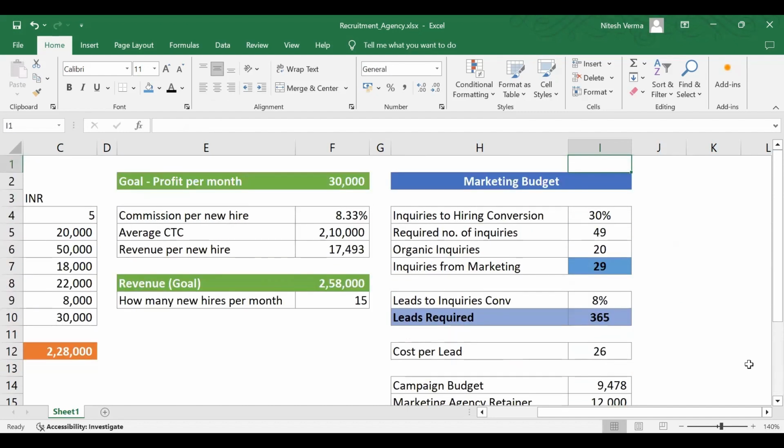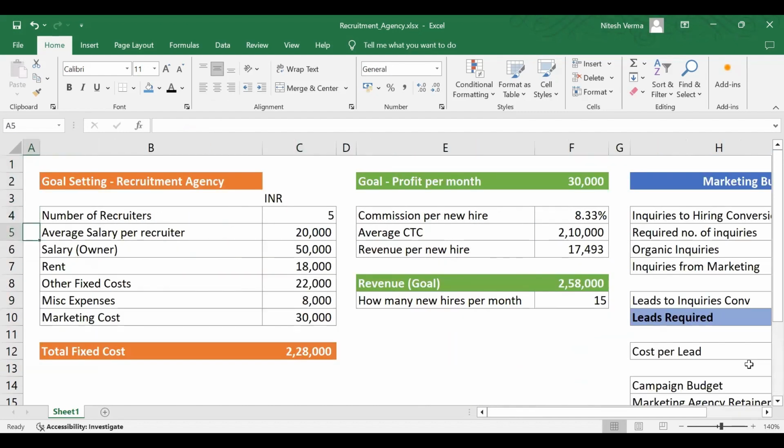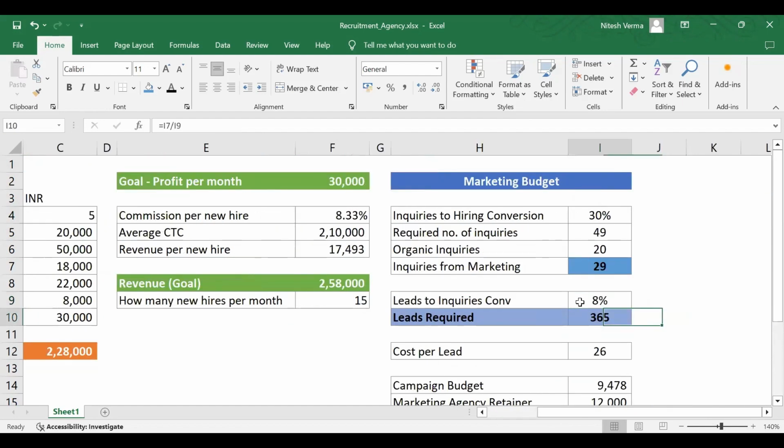So a nice Excel spreadsheet to put in all your scenarios in place, look at numbers, make changes as we made here because of the marketing spend. We increased the cost here, we added additional cost here. We decided to hire one more resource because the workload will increase because there'll be a lot of leads to talk to, follow up, qualify, and then move to the inquiry stage.